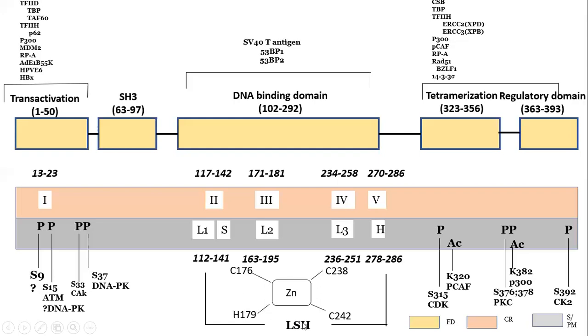Now coming to this region, after the DNA binding, there is some linker region, and then after that the C-terminal region starts. And in the C-terminal region also we can find 2 particular domains which are very important. One is called the tetramerization domain, which is from 323 to 356 amino acids long, and another is the regulatory domain.